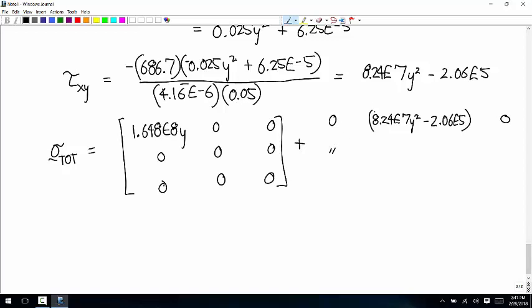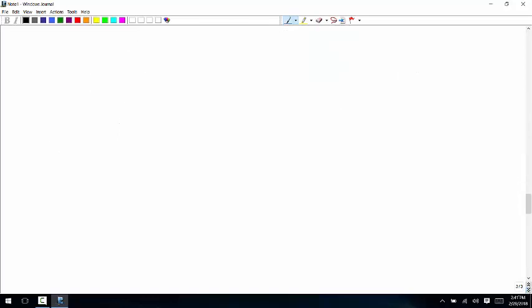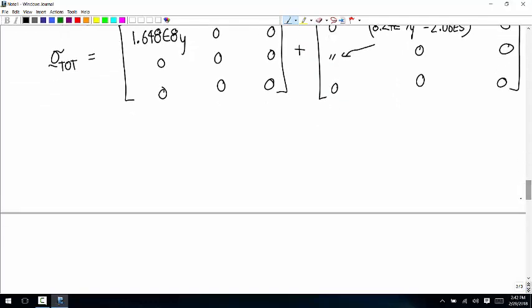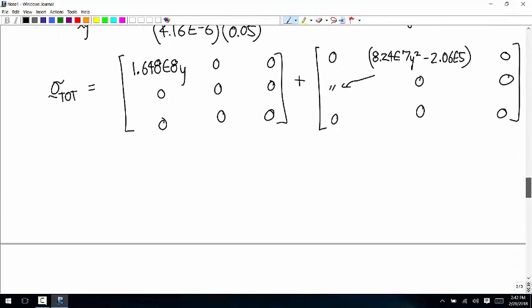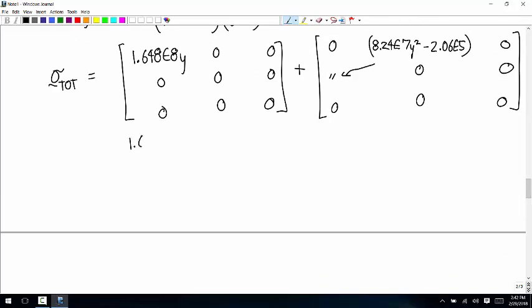Then symmetry gives us this again. And so our total stress tensor is 1.648 times 10 to the 8th y, 8.24 times 10 to the 7th y squared minus 2.06 times 10 to the 5th, 0.